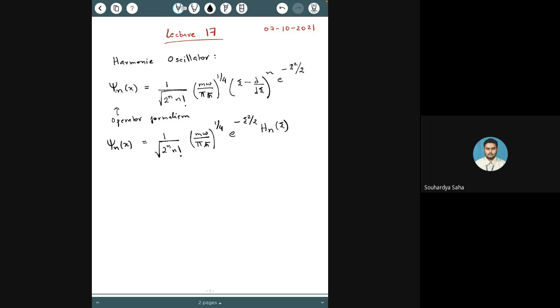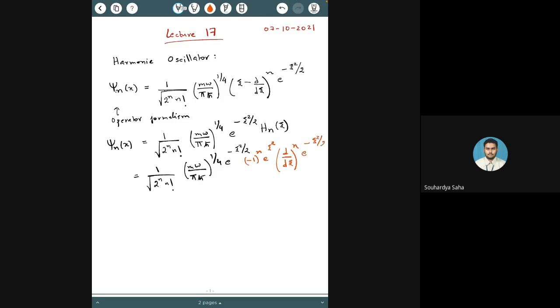Now, I mentioned that there is the Rodrigues formula, which tells you that the Hermite polynomials can be written in an interesting way. So I'll use that here. I'm writing Hn as minus 1 to the power n, e to the power xi square, d d xi to the power n, of e to the power minus xi square.